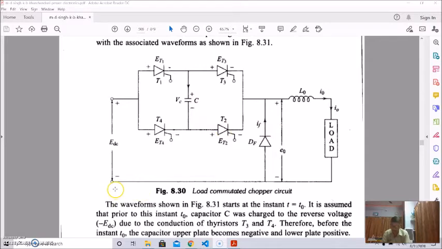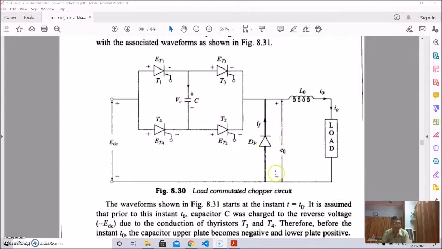The load voltage E0 is now equal to EDC minus VC, that is equal to 2 EDC.